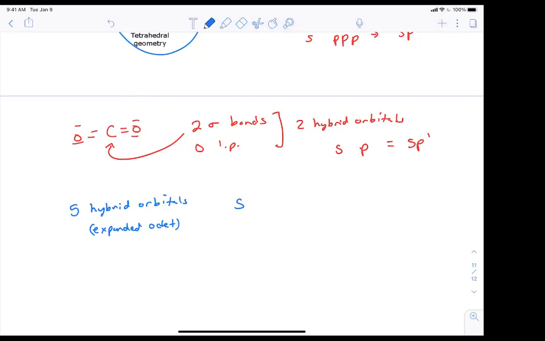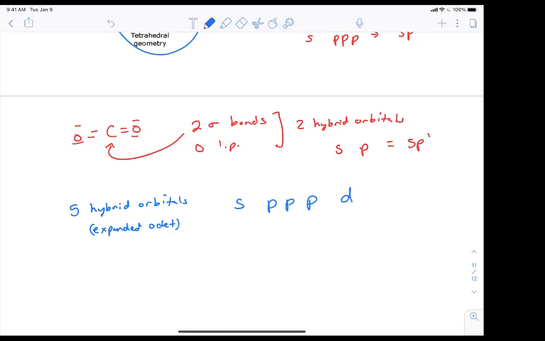You have 1 s and 3 p orbitals. That's all you have, right, Alejandro? So you're limited, based on your s and p orbitals, to only 4 hybrid orbitals. So to have an expanded octet, what type of orbital do you need to include in this hybridization? D.